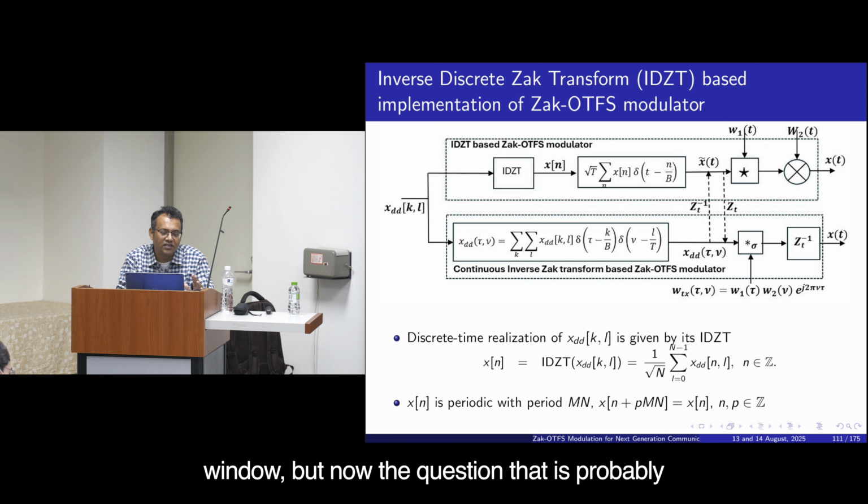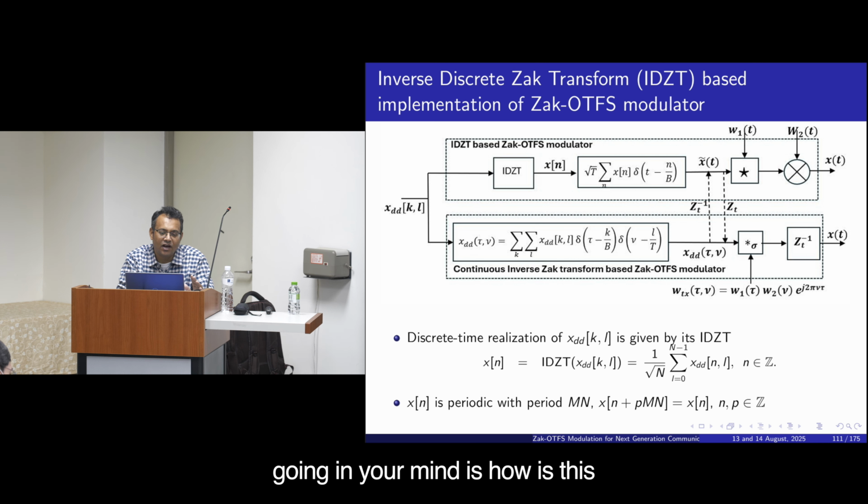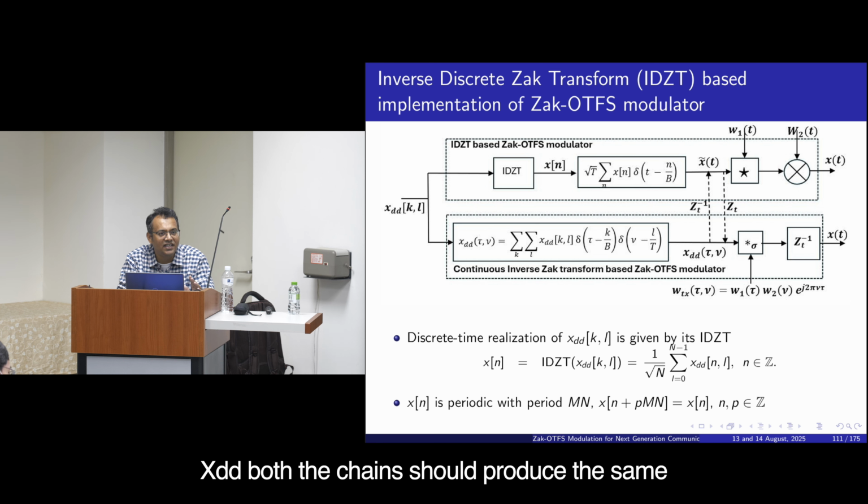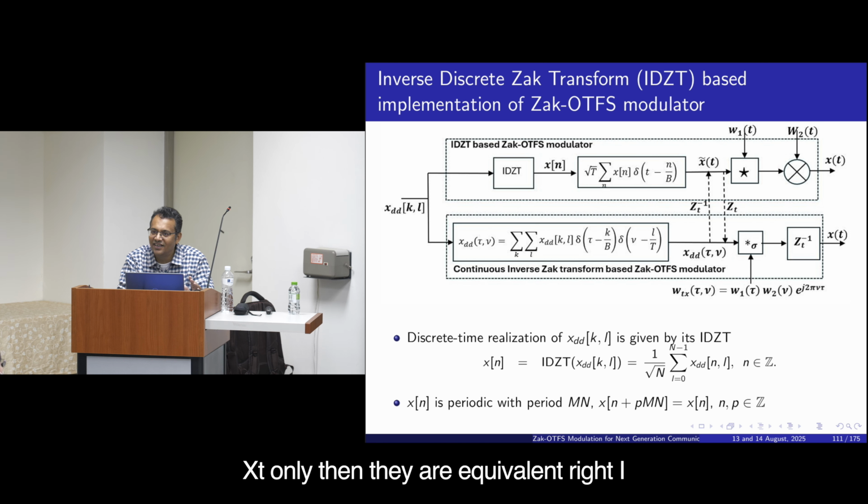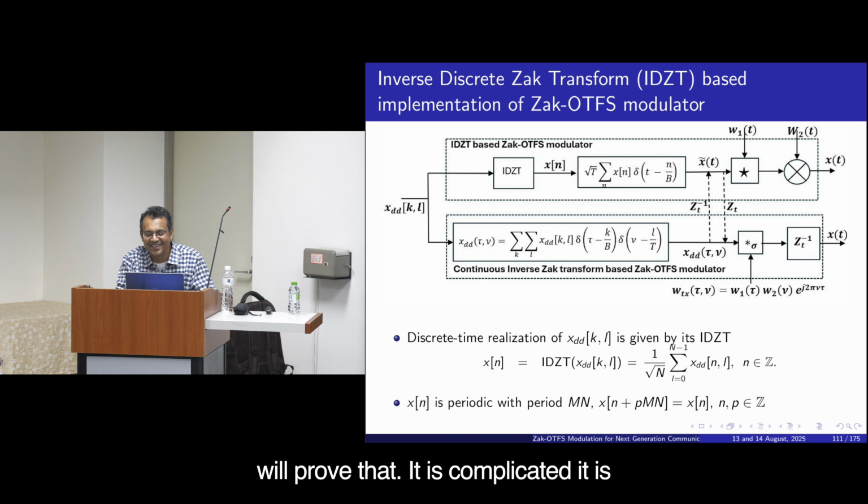But now the question that is probably going in your mind is, how is this equivalent to this? So basically for a given x of DD, both the chains should produce the same xt. Only then they are equivalent, right? I will prove that. It's complicated.